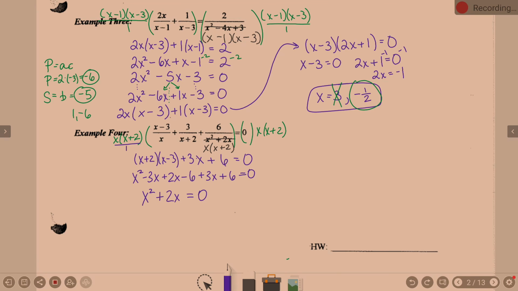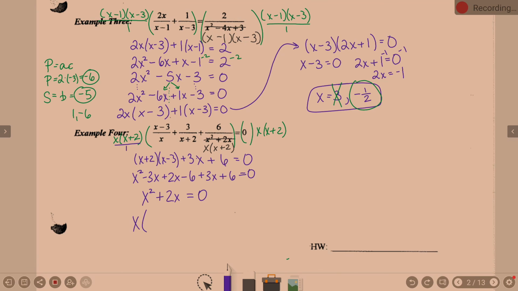How do I solve this? X squared and plus 2x has a, what's the word there? GCF. There's a GCF of x.